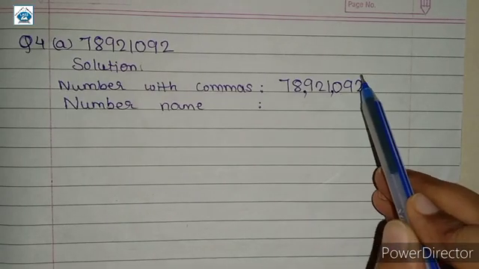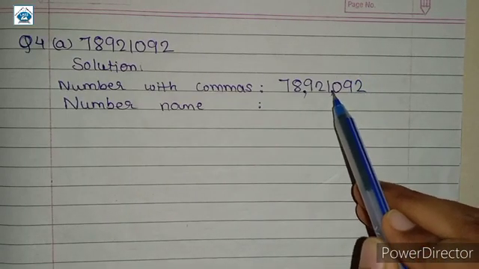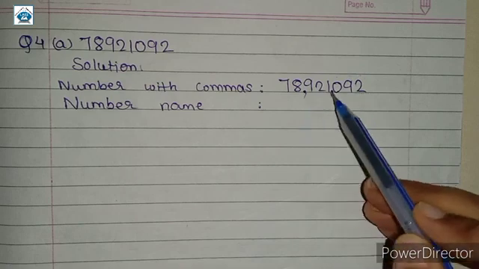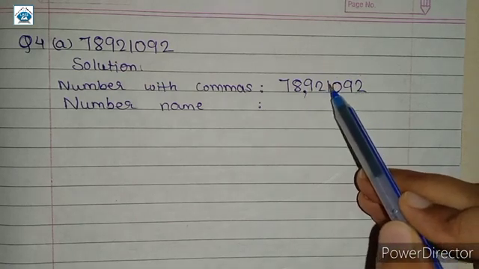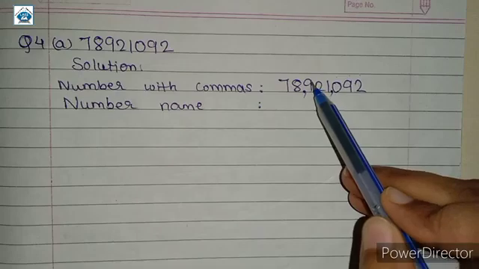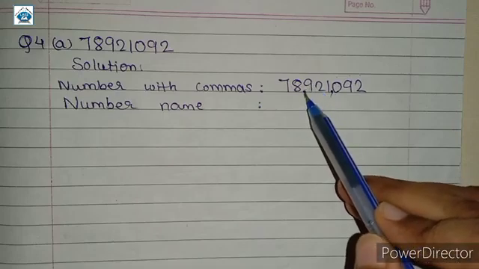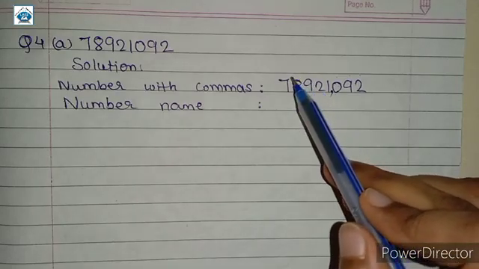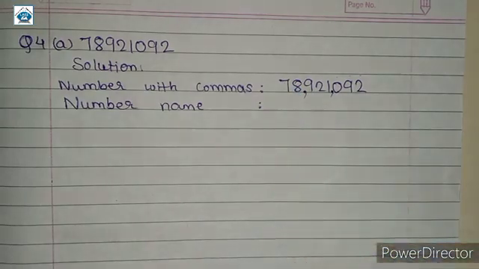After 3 digits, that is ones, tens, hundreds place, one comma in this direction, then 1000, 10,000, 100,000, then a comma, and this will be million and 10 million. So the place value of 7 is 10 million.